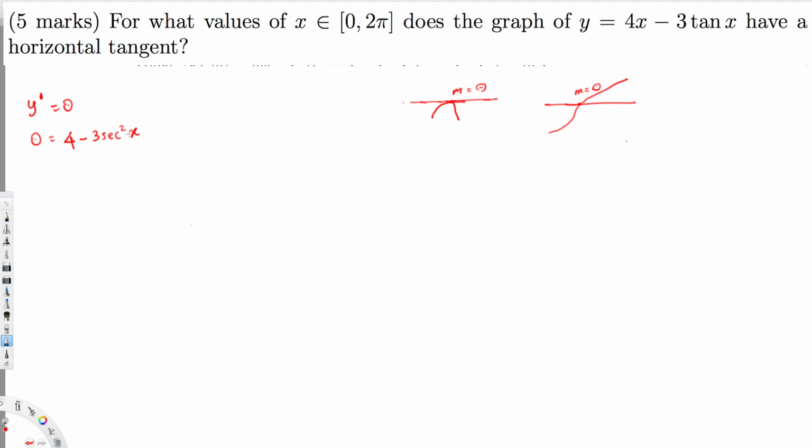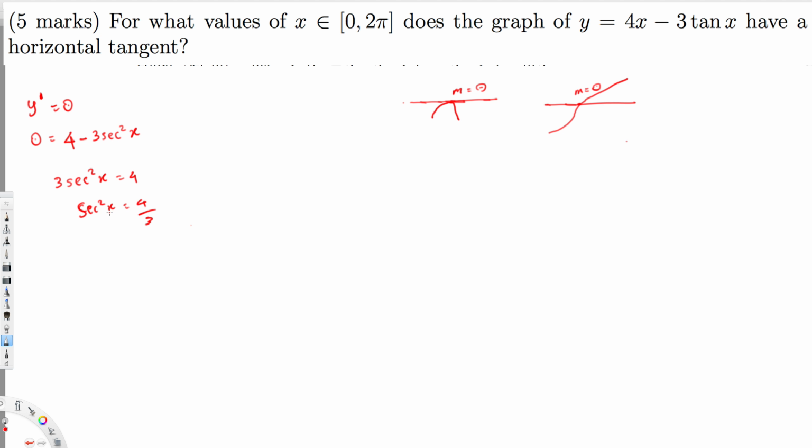First of all, let's find the x value, because they're asking for what values of x. So let's solve this. 3 sec squared x is equal to 4, so sec squared x is equal to 4 over 3.